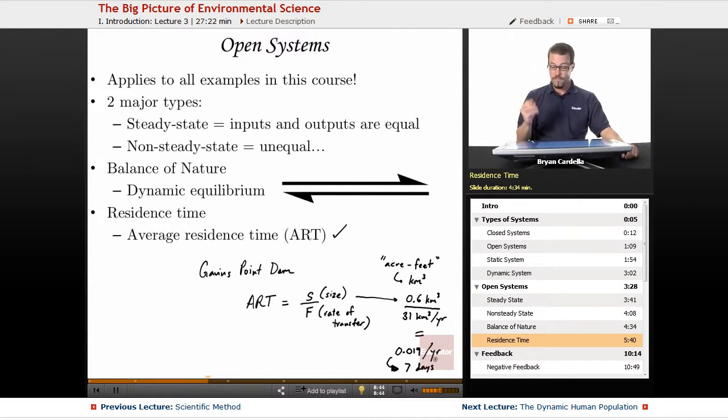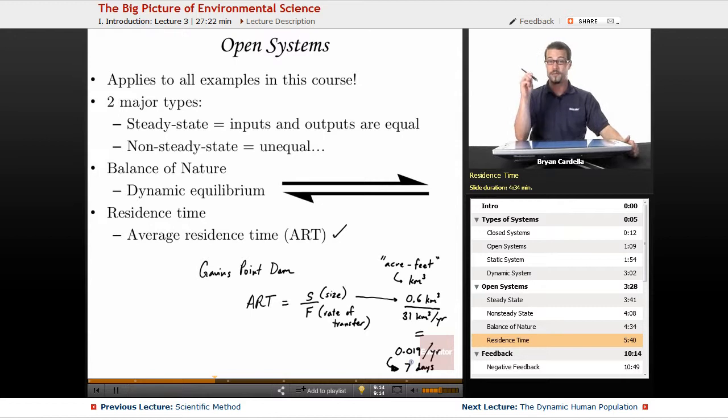Now, if we had a much bigger dam, it'd be a different number. Instead of 0.6 cubic kilometers or acre feet, it would be a different number. If we were talking about another dam that's upstream on the Missouri River, which also starts with a G, but is much larger, we would see a bigger number up top, and the total number of days would be a lot more.